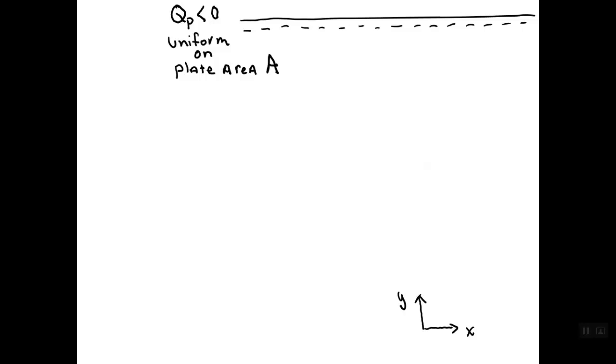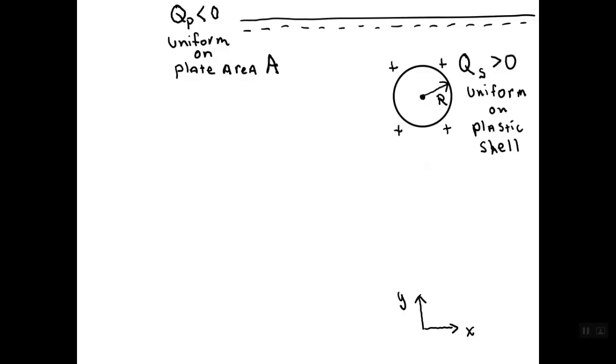Near this negatively charged plate, we have a plastic spherical shell uniformly covered on the surface with positive charge capital Q sub S. Let's find the change in electric potential on a path from location I to location F as shown, where location I is at the center of the sphere and location F is outside the shell.